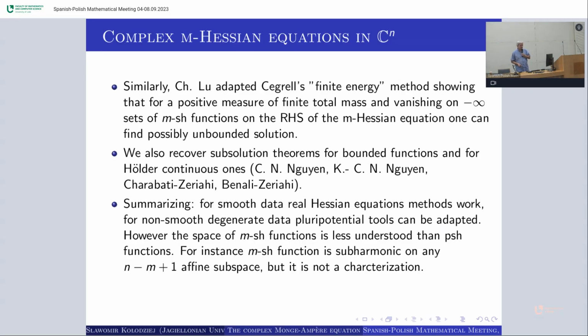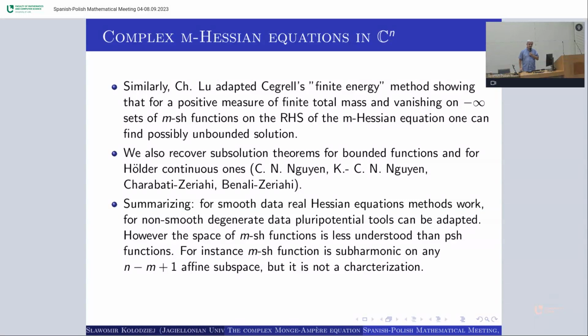So, as I said, we can use either this real Hessian equations method, and for smooth solutions they work, or we can adapt pluripotential theory, which works for complex Monge-Ampère equation, and then those methods also work up to a point. However, there is quite a big difference between plurisubharmonic functions in the complex case and these m-subharmonic functions.